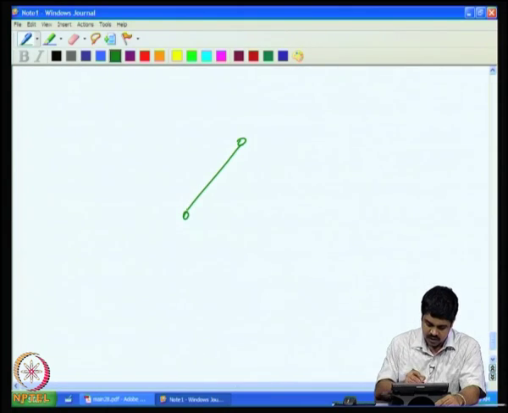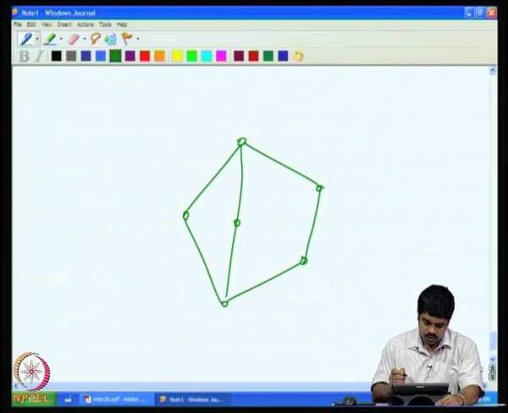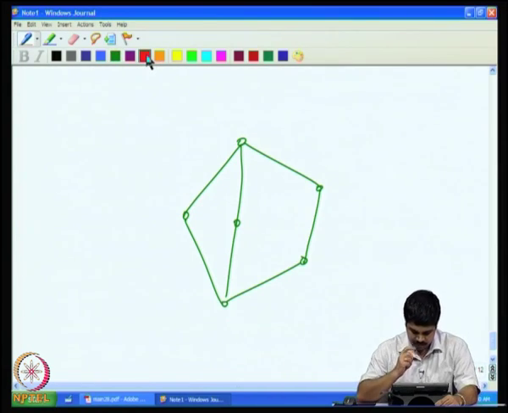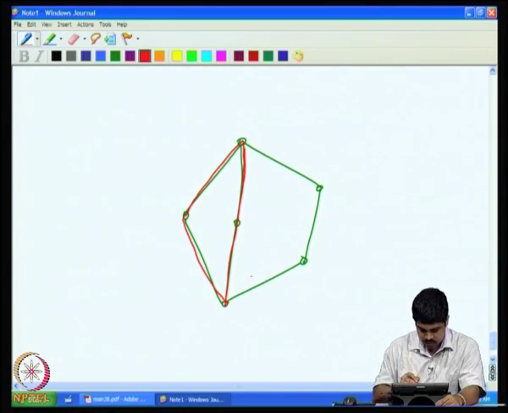For instance, let us see, do we have such a circuit in this graph? Here you can try, because the problem is if you go like this, then if you get into this, you are meeting it for the second time, right.